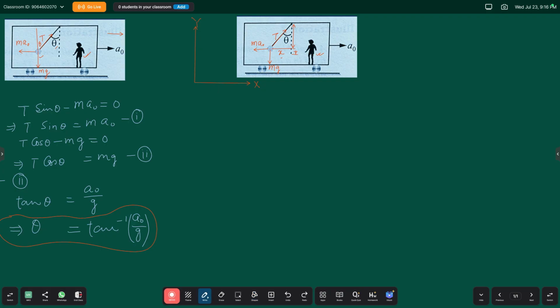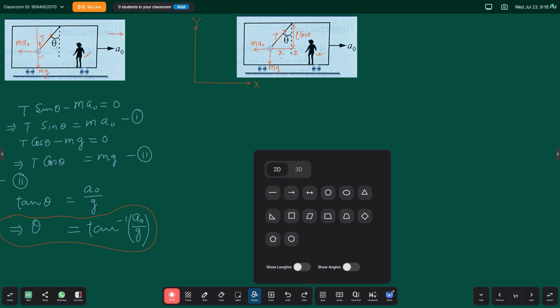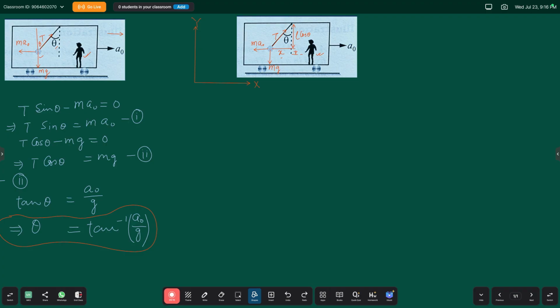This will be L cos theta. And what was the total length of the cord?